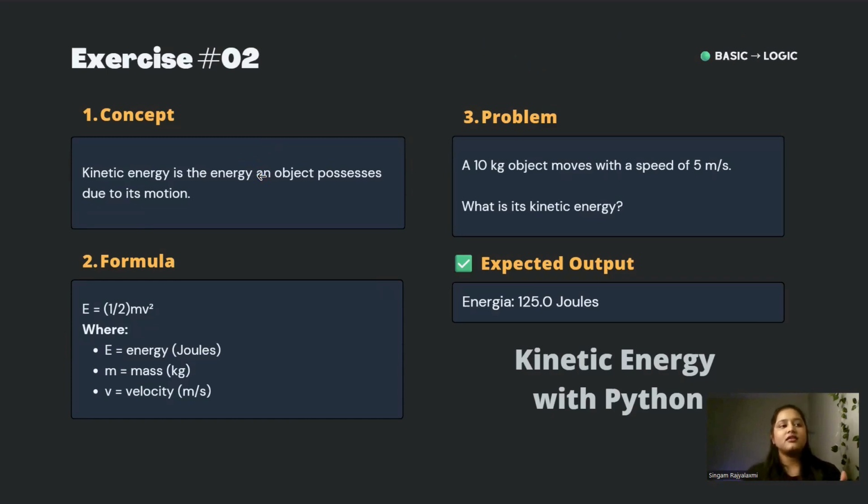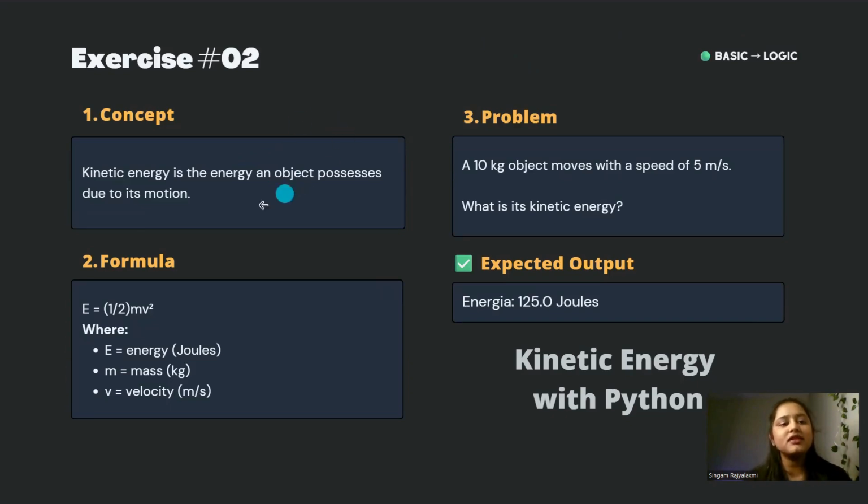So any object that has some motion, something which is moving, if that object is in motion, then that energy we call kinetic energy. It is nothing but the energy an object will possess when it's in motion.